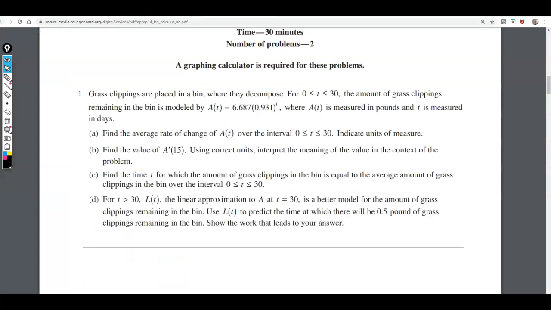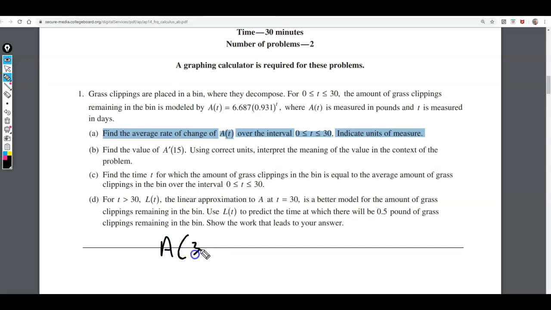So going back to that same FRQ we just did, we're going to look back now at part A. It says find the average rate of change on the interval from 0 to 30. Okay, well this is once again a lot like the very first question that we did on our FRQ set that we were working on today. An average rate of change on the interval from 0 to 30 would look like this.